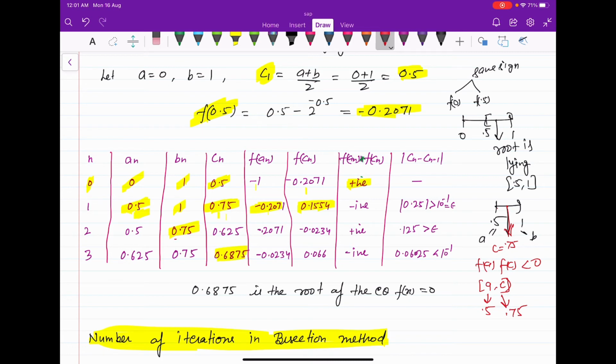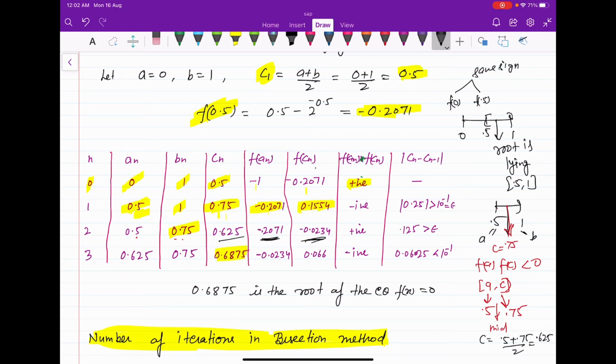So a is 0.5 and b is 0.75. Now compute the midpoint of this interval, that will be 0.5 plus 0.75 upon 2, which is equivalent to 0.625. Now compute f of a, negative, f of c is negative.